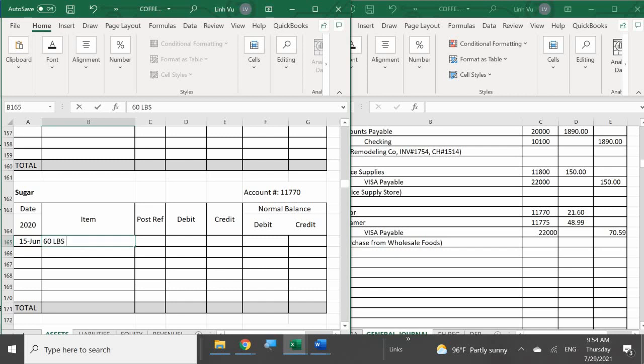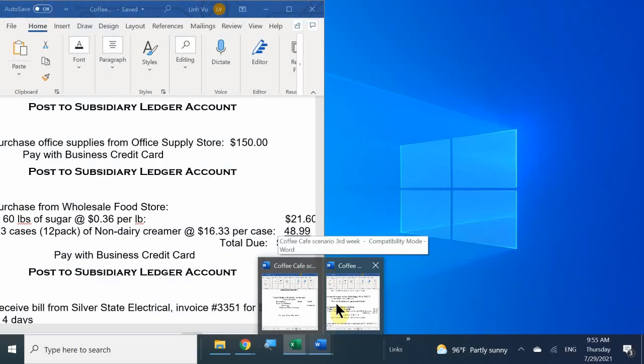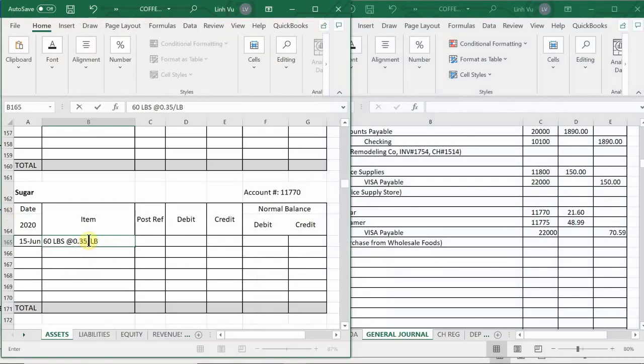You could justify it, right? Say this cost me 36 cents a pound.